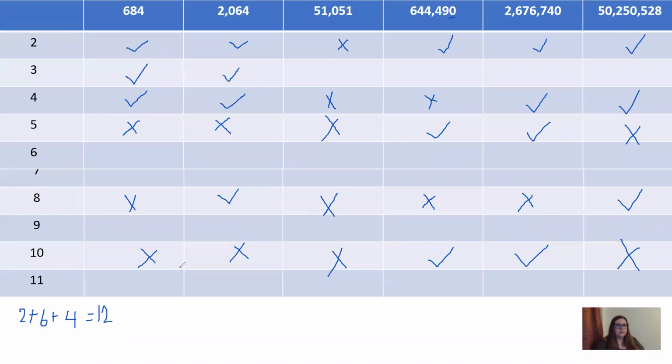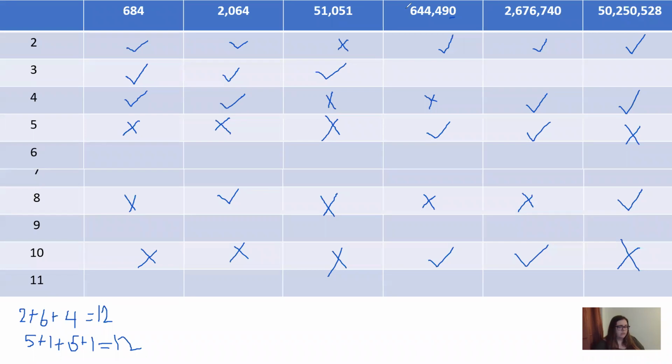So 2064 is divisible by 3. I'm going to do the next one because it also ends up being 12. 5 plus 1 plus 5 plus 1. And again, 12 divided by 3 is 4, so yes.